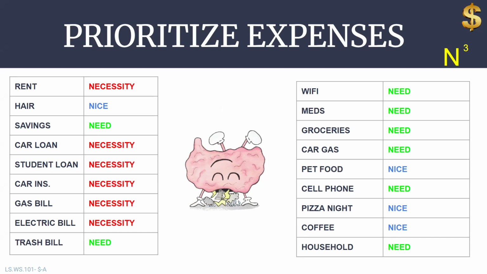So as you've listed and prioritized, then when you set it up in a spreadsheet, you're going to be able to set it up in a way so that if you were to lose your job, then those nice things would be the first things that you cut out. Now, some people are looking at pet food and going, excuse me.